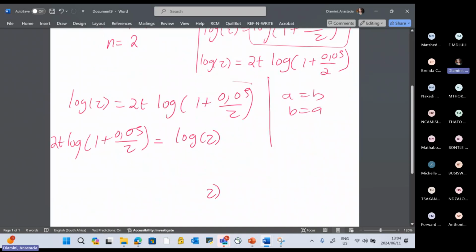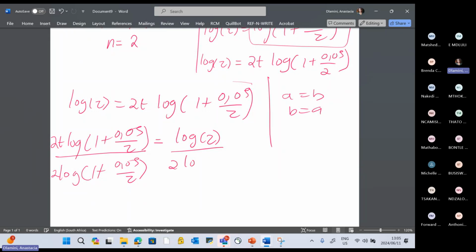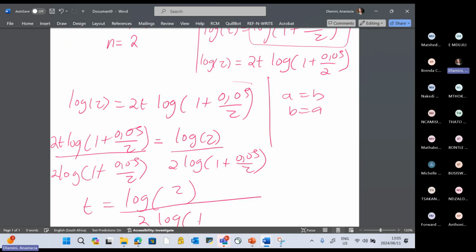So then I can divide by this, 2 log of (1 + 0.05/2). Therefore, t is equal to log of 2 over 2 log of (1 + 0.05/2).